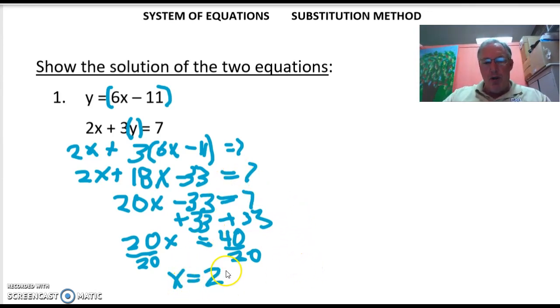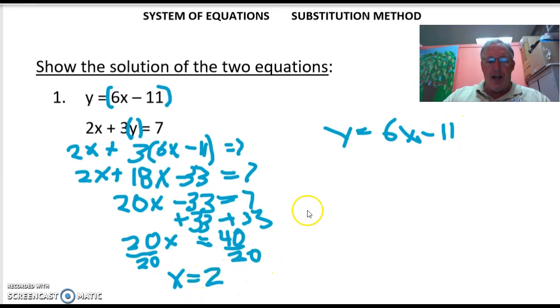Now what we're going to do, as I said earlier, is take what x is equal to and plug it back into the equation where y is equal to 6x minus 11. We've got to find out what y is. So let's rewrite the equation up here. y is equal to 6x minus 11.